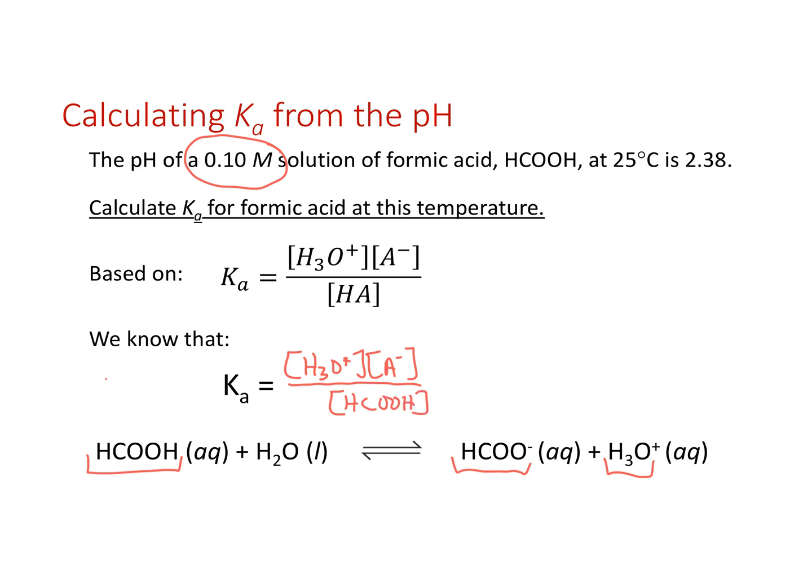We know our concentration of our acid, our formic acid. We want to find Ka. Well, to find Ka, we need to figure out what is hydronium and what is the concentration of the conjugate base. And whether you know it or not, we actually have those numbers. We actually can find the concentration of hydronium and the concentration of the conjugate base.